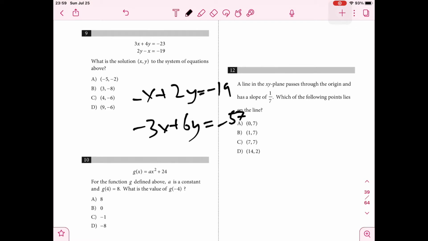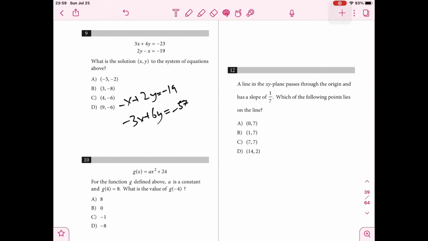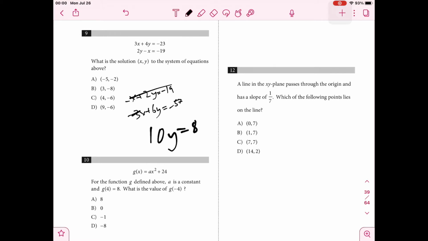Oops, going over. That's okay. I should probably move that in here, though. All right. So the 3x's cancel out, and now I have, because I added, 10y is equal to negative 80. Yeah, so y is equal to negative 8.